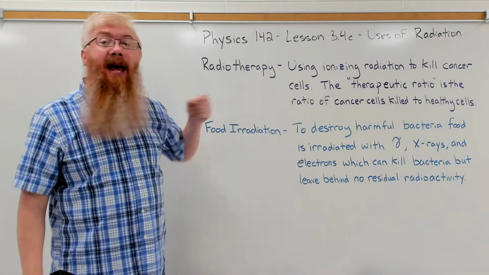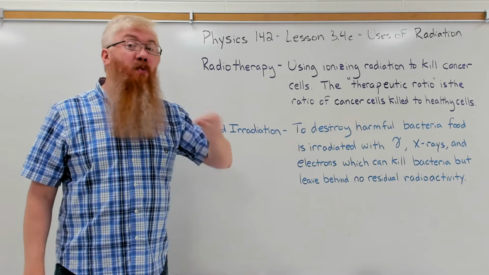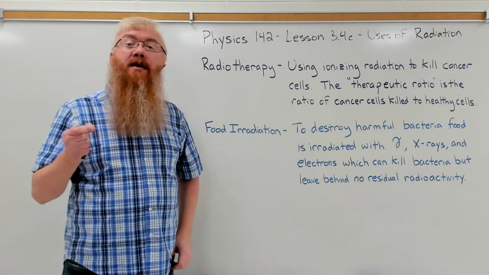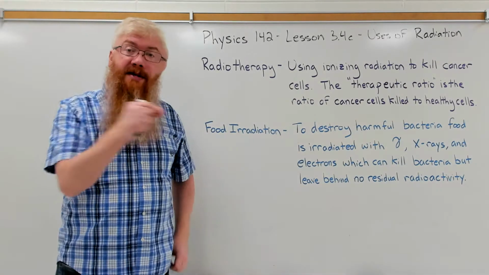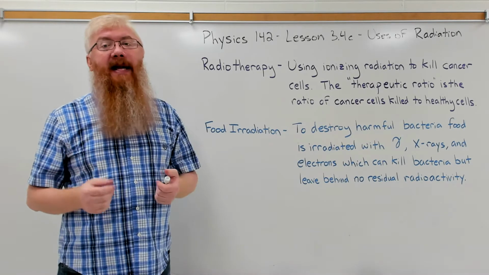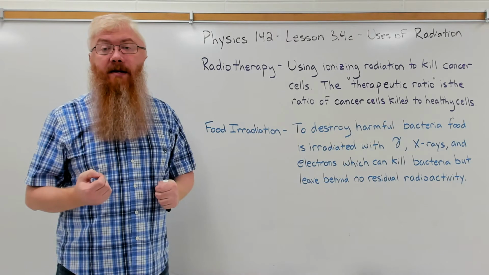But if those cells are cancer cells, harmful cells in the body, we want those destroyed. So by sending a beam of focused radiation through the body, you can actually kill the cells along that path. Of course, there's no radiation that only kills harmful cells and does not kill healthy cells.